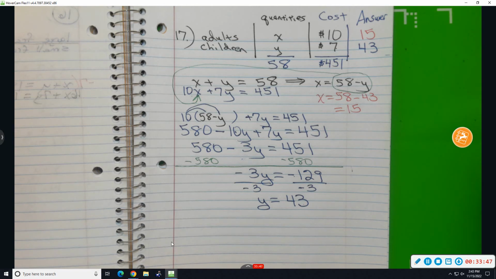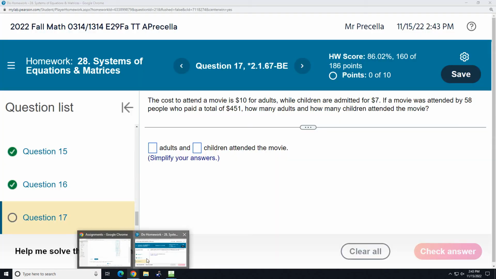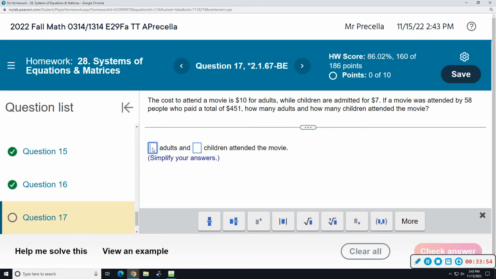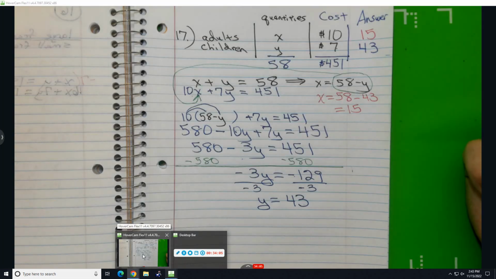Any questions there? Here's what I was going to do. I was going to use elimination. To eliminate x, I would have needed a negative 10 here, so I would have multiplied through by a negative 10. I would have still gotten the same answer, though.